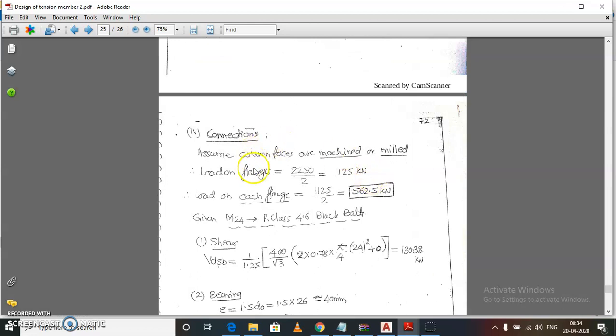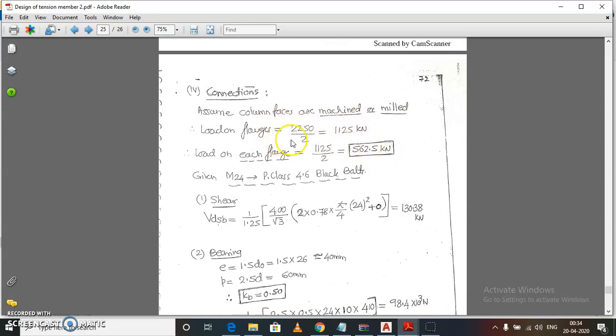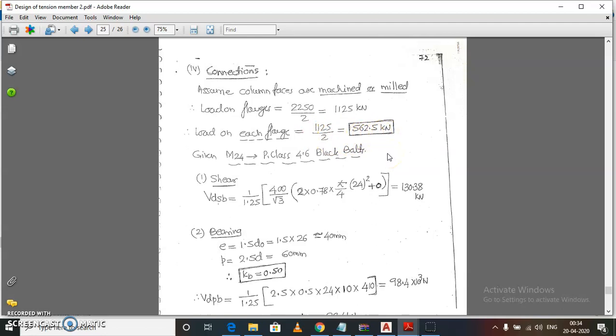Now connection details. Assuming column faces are machined or milled, the load on the flanges is 1125 kN. Load on each flange is equal to 1125 divided by 2, that is equal to 562.5 kN.